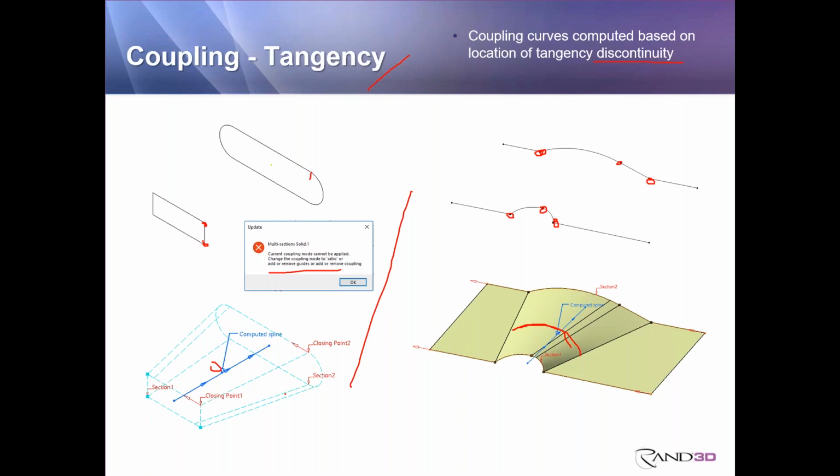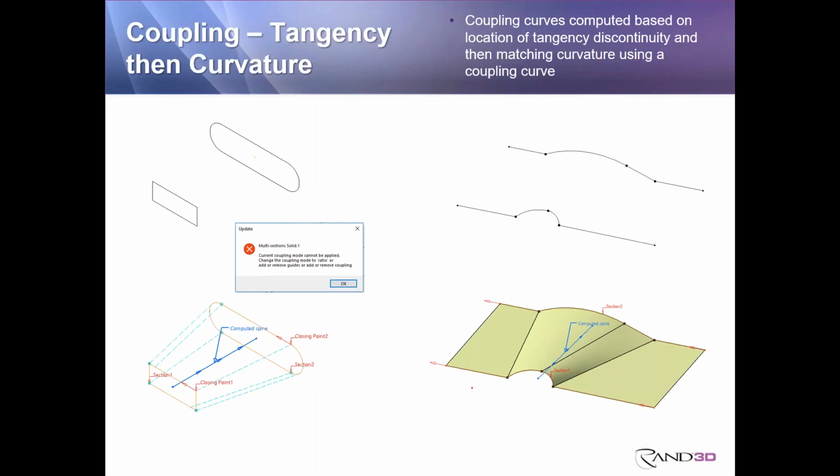Now, if you've got tangency then curvature turned on, if we look at the example on the right, notice the non-tangent corners still get connected together. So it's still looking for that discontinuity, but then it's also going to match the tangent connections. So this tangent connection here in the first curve is going to get matched to that tangent connection there.